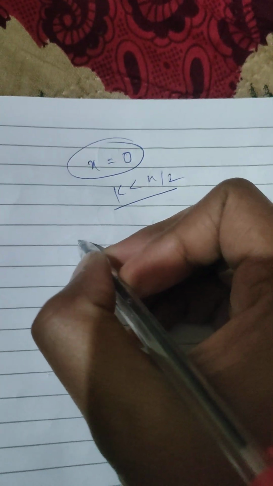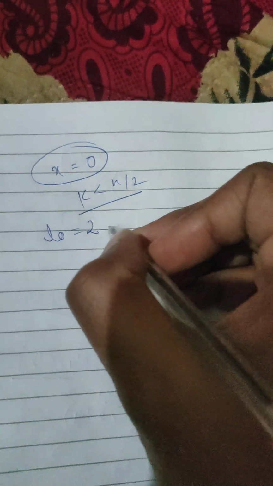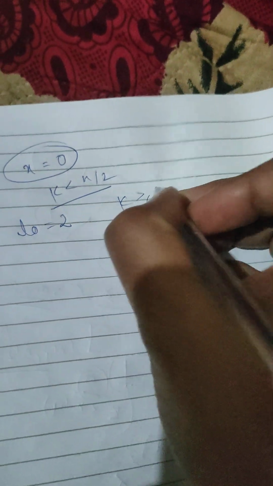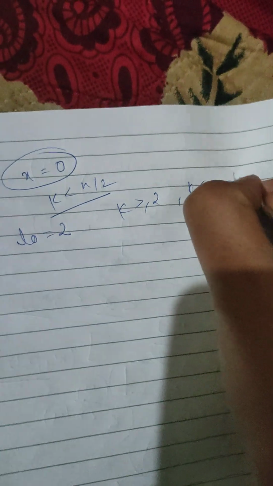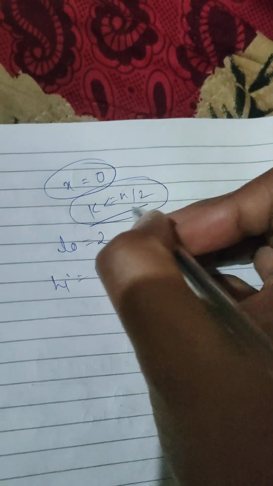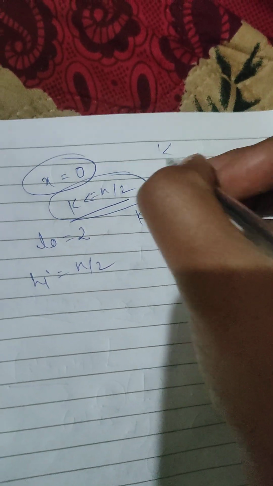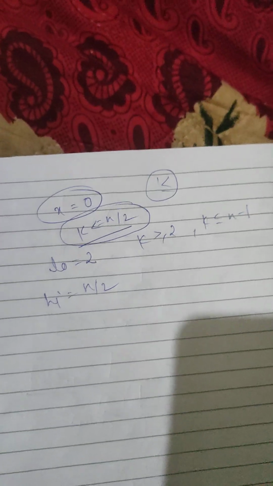Now we will apply binary search. We will take low as 2, because in the question it is given that k will always be greater than 2 and less than or equal to n minus 1, and hi will be n by 2, because we have found that k will be less than or maybe equal to, because when we are getting wrong, then it was less than or equal to as given in the question.